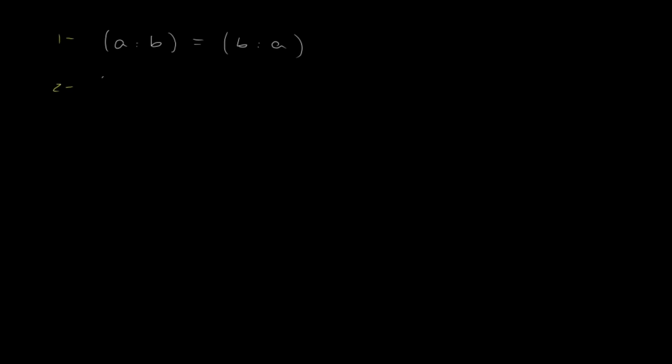The second one says that the greatest common divisor between a and b is the same as the one between -a and b, the same between a and -b, the same as -a and -b, and it's also the same as the absolute value of a and the absolute value of b.